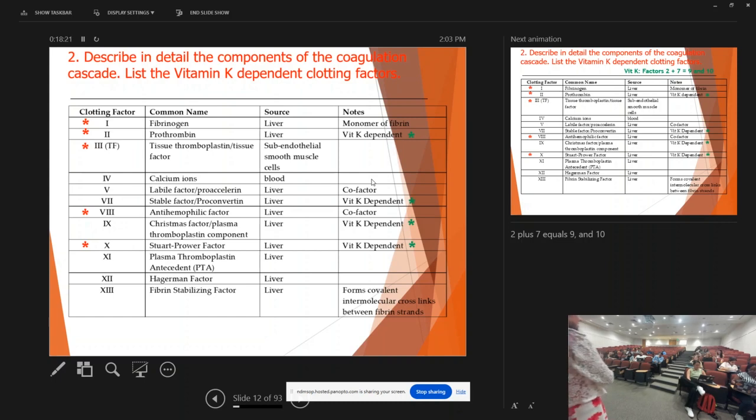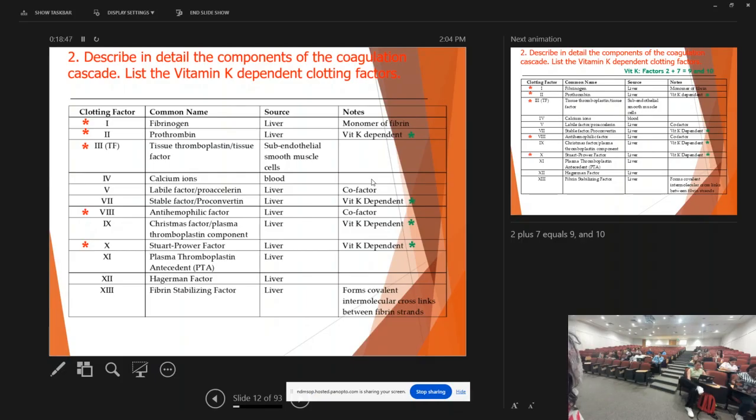Okay, so don't get confused, or having a few of them is good. But the other ones, I would point out that factor 10 is really critical, it is central to the pathway. Because that's where all the common pathway, which we will talk about, comes together. And the other thing I want to point out is, where are they made?